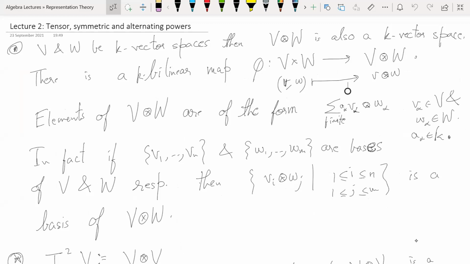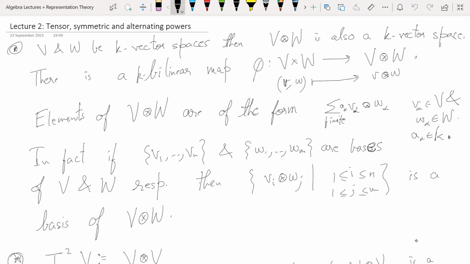The tensor product of two vector spaces V and W is a vector space whose dimension is the dimension of V times the dimension of W, together with a bilinear map from V cross W to V tensor W, which sends (v, w) to the element v tensor w. And V tensor W is the vector space whose elements you can think of as sums of these kinds of terms.